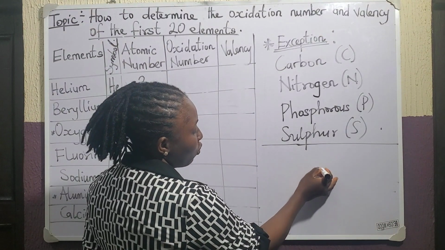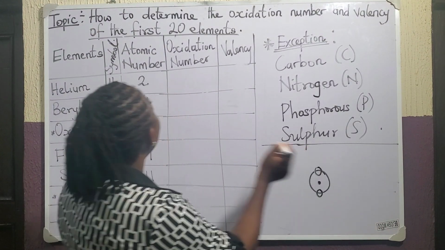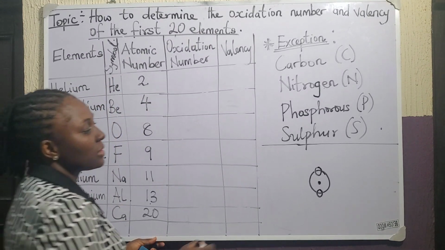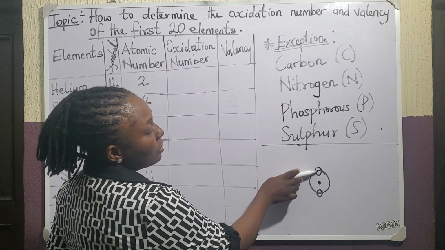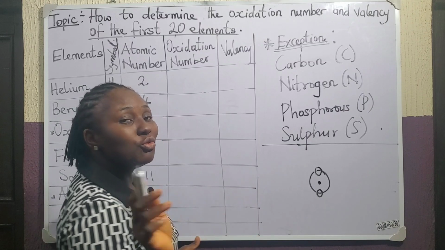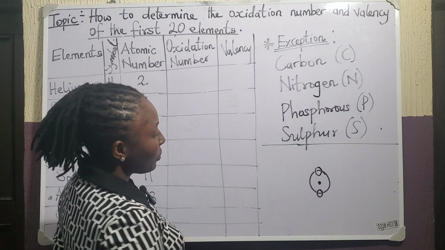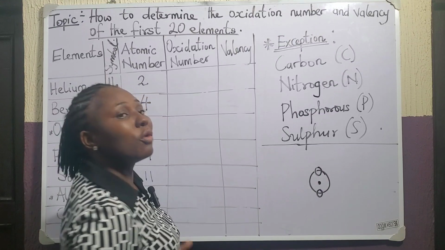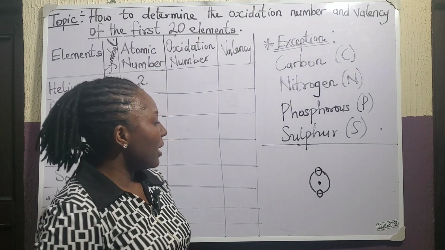So if I put 1, 2. Helium with atomic number of 2 means that it has 2 electrons as a neutral atom. So if it has 2 electrons, this is the structure of a neutral helium.